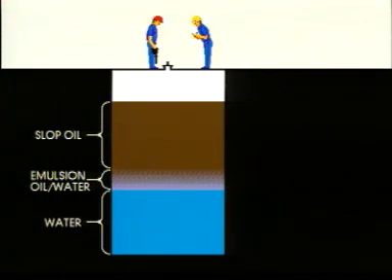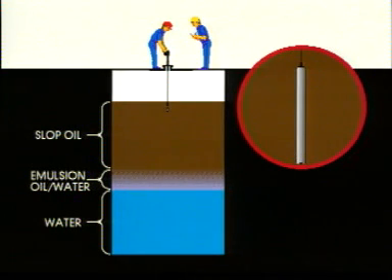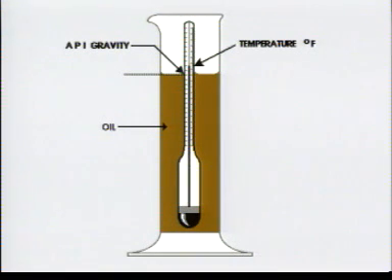Next, you must find out the quality of the slop. Here, a half-litre sampler is used attached to the MMC. A sample is taken from the centre of the volume and poured into a clean sampling glass. A hydrometer is slowly lowered into the sample and is allowed to float freely in the oil.